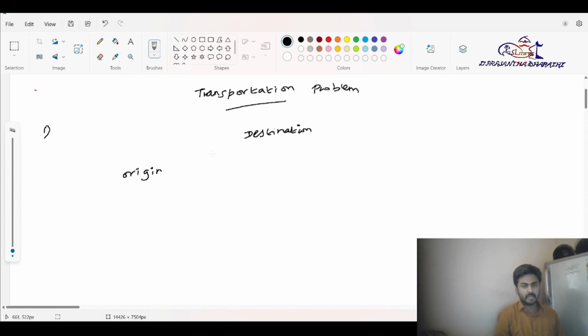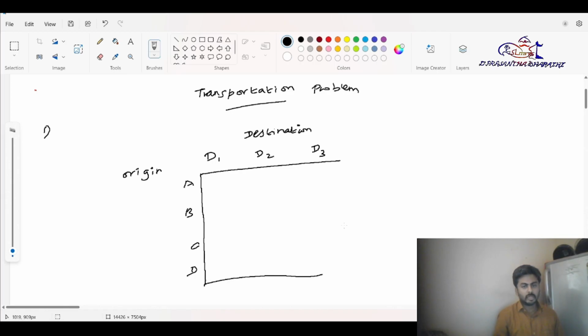Now you are having the destinations D1, D2 and D3, and the origins A, B, C and D. The unit transportation cost in rupees is given in this matrix.